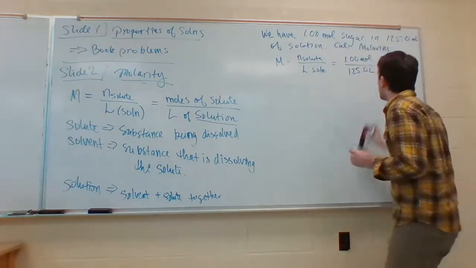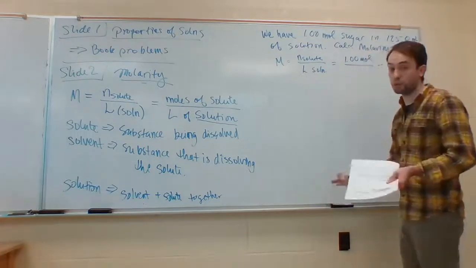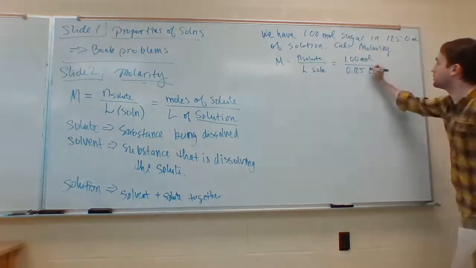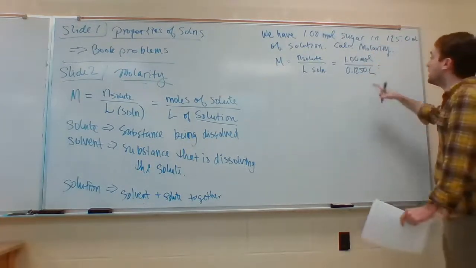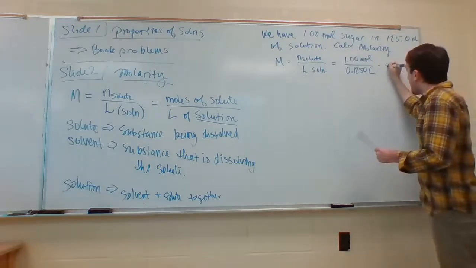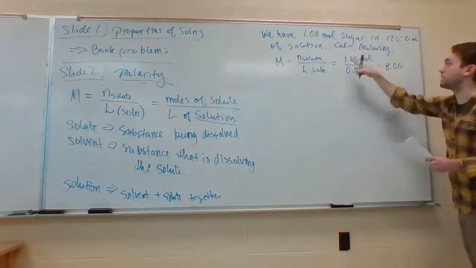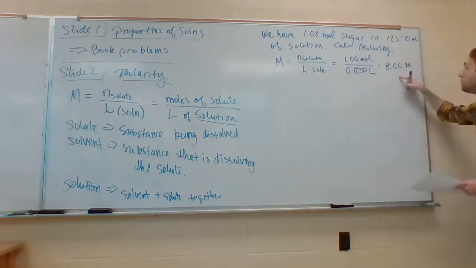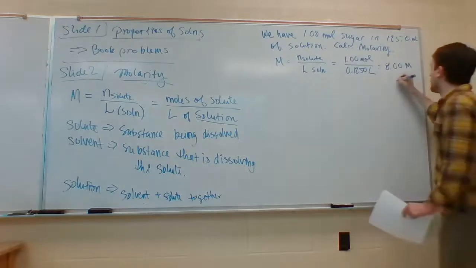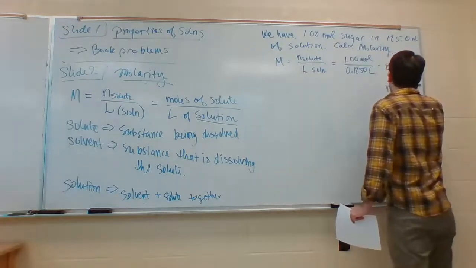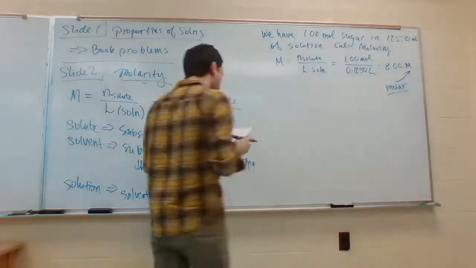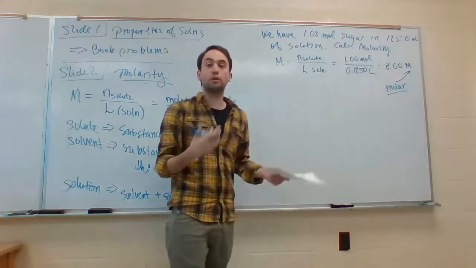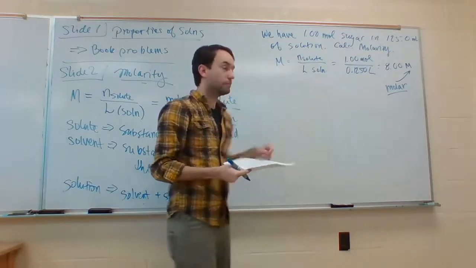So that would make this not 125 liters, but 0.125 liters, to keep all of our sig figs. So dividing by that, we get 8.00, right? Because we have 3 sig figs on the top, so we're going to have 3 sig figs here. And that is going to be 8.00 molar, okay? Molar. All right? So that would mean that we have an 8.00 molar solution of sugar, okay?